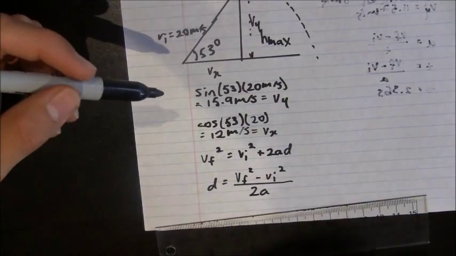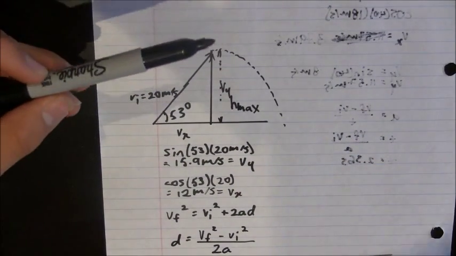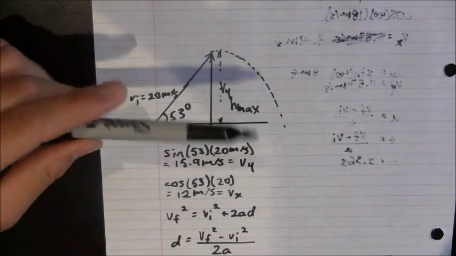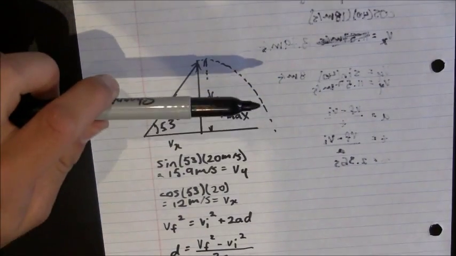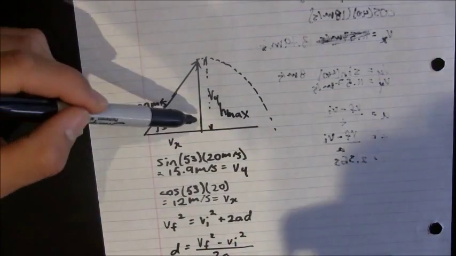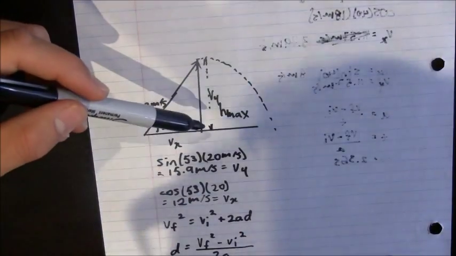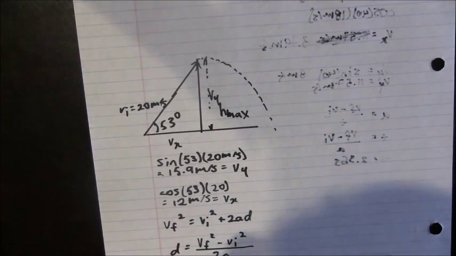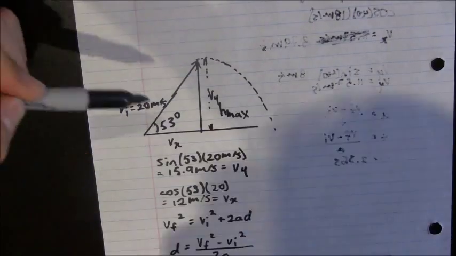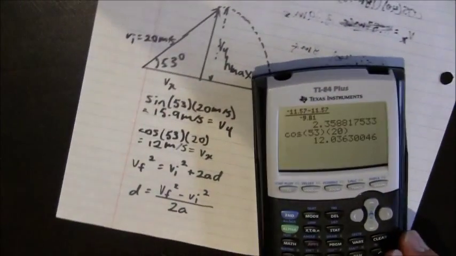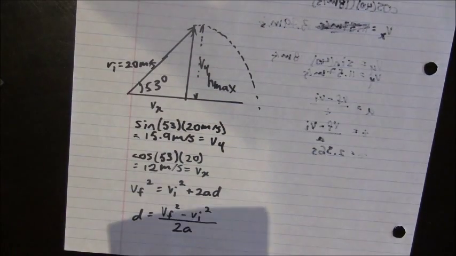Well, our final is 0, because just think about it. This is the non-uniform motion part, because Vy changes as it goes up and down. Vx stays the same. We want to find the maximum height. So we look at the variables we have here.